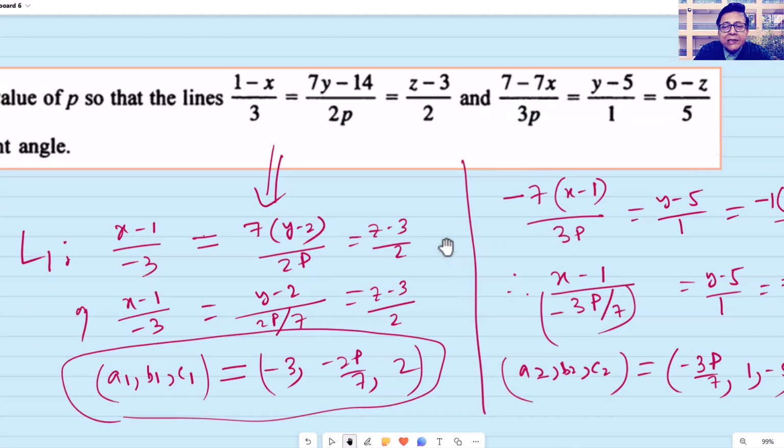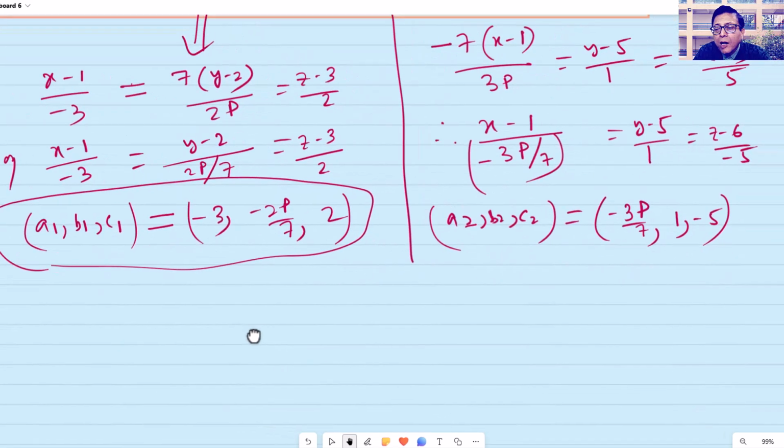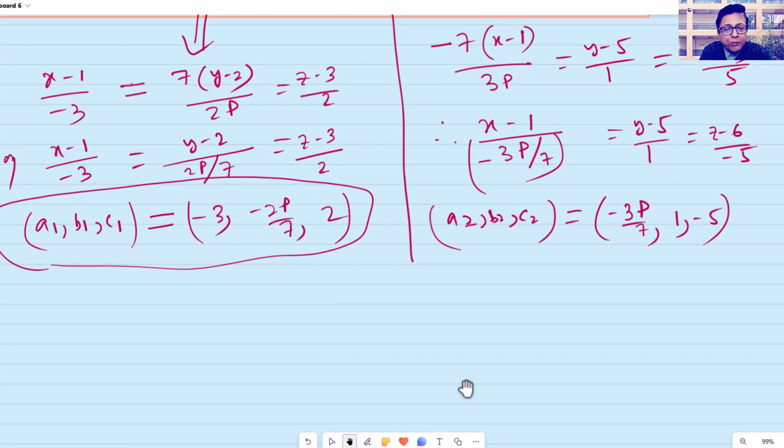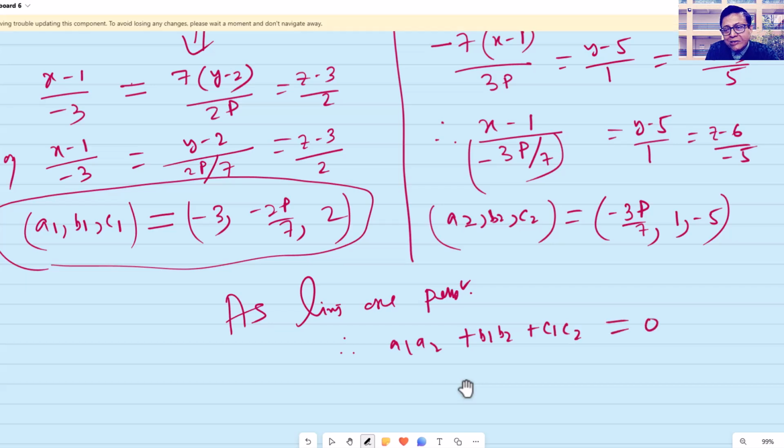Now, lines are given perpendicular and you have to get the value of P. How to? Because L1 and L2 lines are perpendicular, therefore A1 A2 plus B1 B2 plus C1 C2 must be 0.